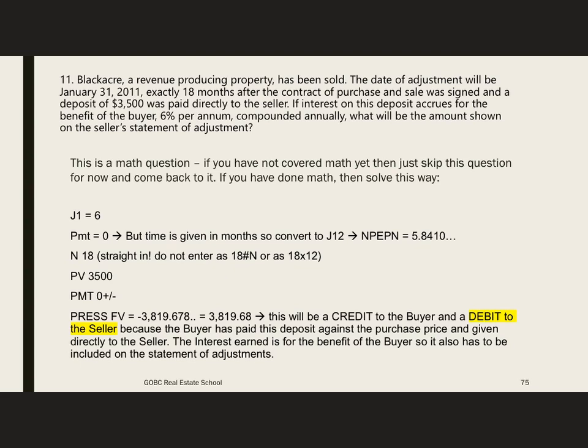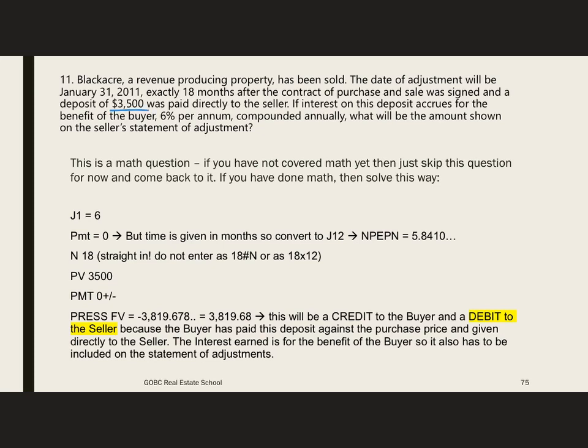It just says that there's a revenue producing property that's been sold and the adjustment date is January 31st. It is exactly 18 months after the contract of purchase and sale was signed, and this deposit of $3,500 was paid.